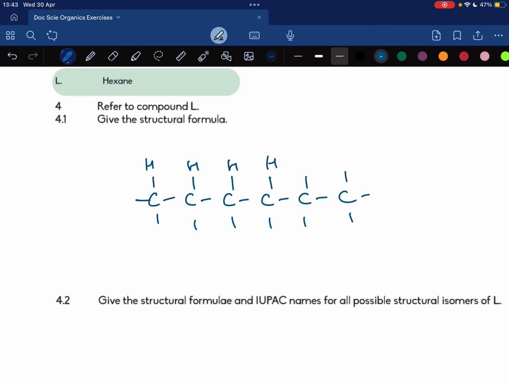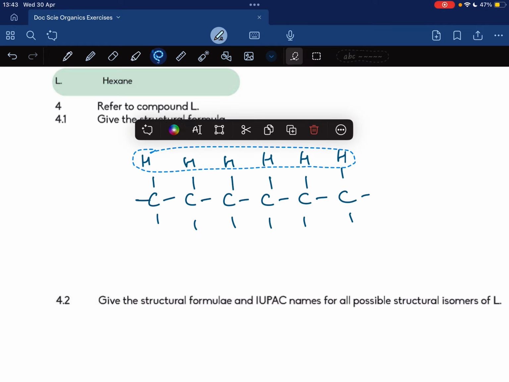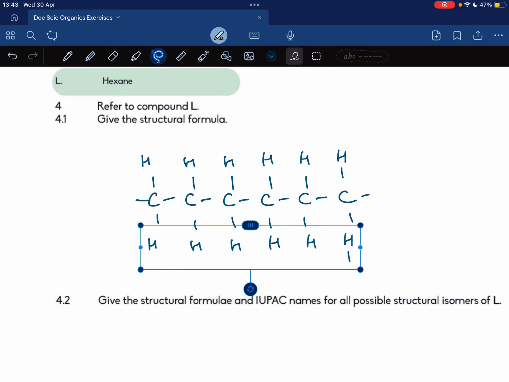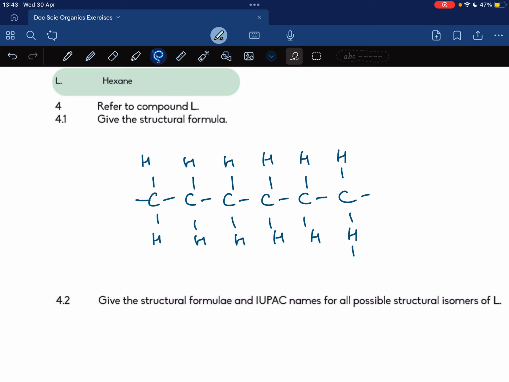So make sure that you put in all your hydrogens. I know it can become a bit tedious to keep redrawing these, but it's good to practice them. Okay, so if we're going to continue, we'll see that we have the last H's there.